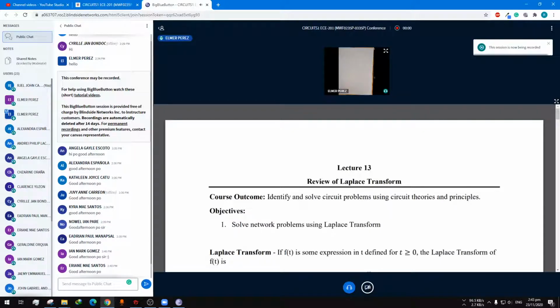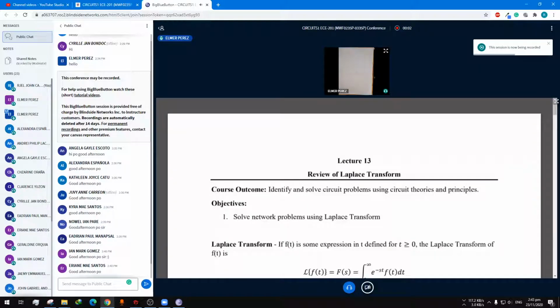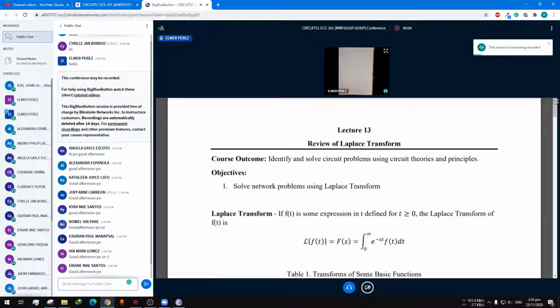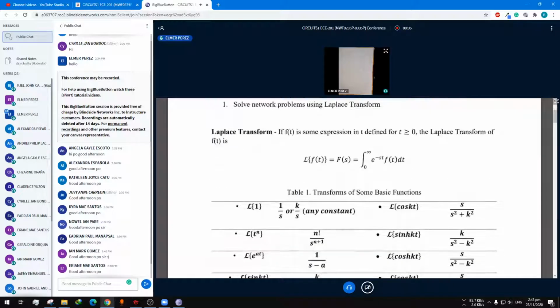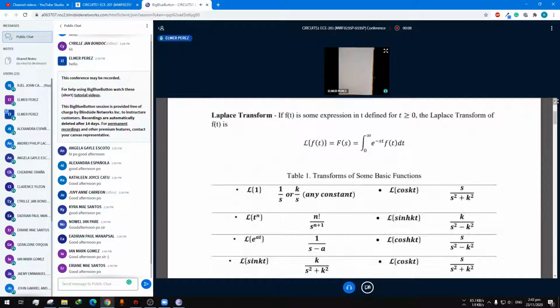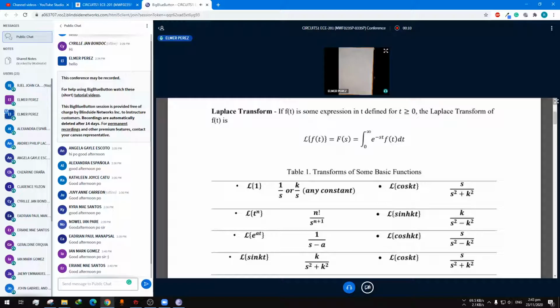So class, for this review, we won't be deriving anymore the transform functions, yung transforms of basic functions. Nag-derive ba kayo sa DE ng mga transformation ng basic functions? Kasi dito ay nakabigay na sila.